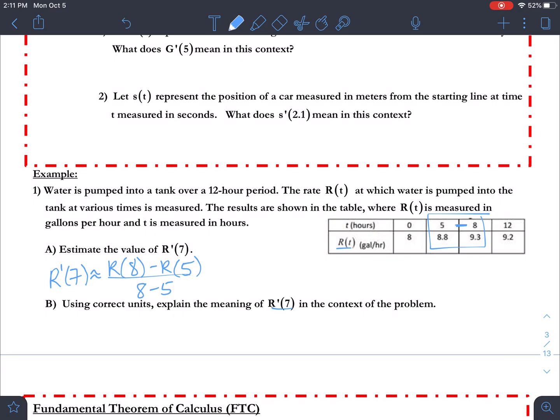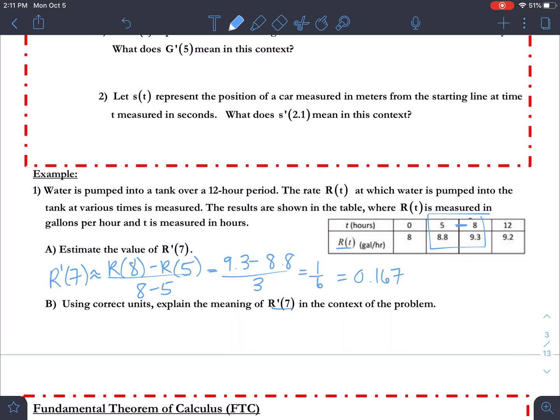And again, we don't have a table of derivatives, so this is just an approximation. That gives us 9.3 minus 8.8 over 3, which actually simplifies to 0.5 over 3, or 1/6, or if you want a calculator, 0.167. Okay, so that would be R prime of 7.